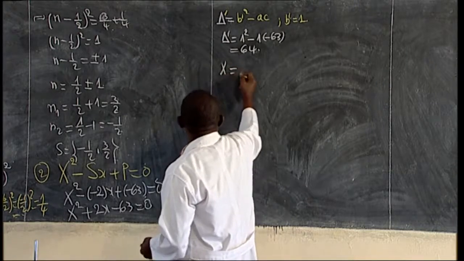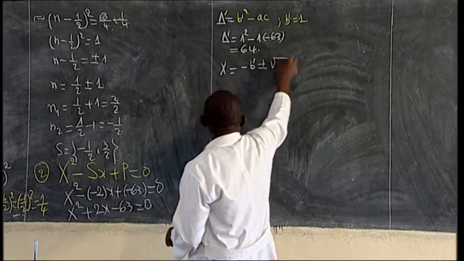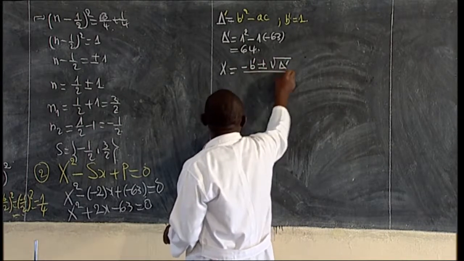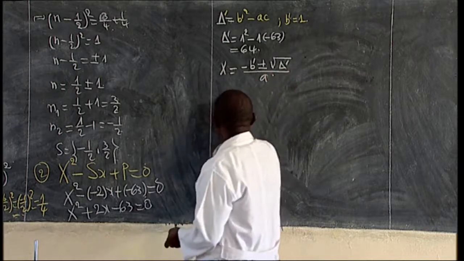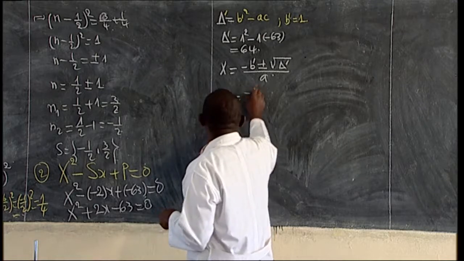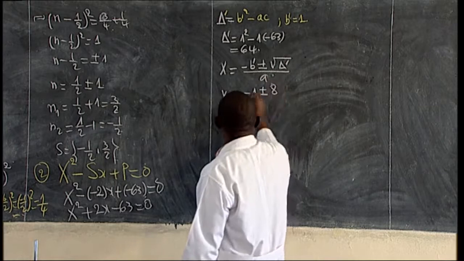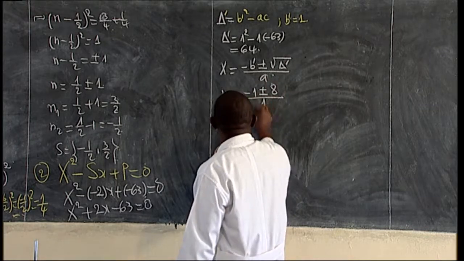Then x is equal to minus b dash plus or minus root of the reduced discriminant divided by a. Remember the formula we saw last time. So this is minus 1 plus or minus root of 64, which is 8, divided by a, which is 1.